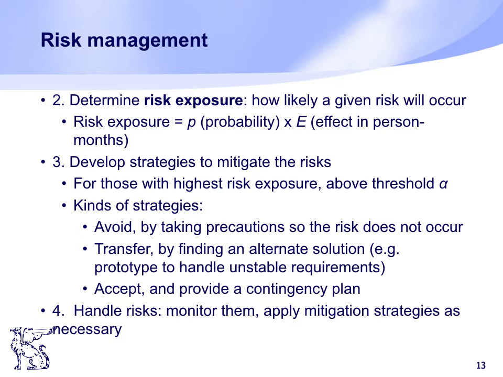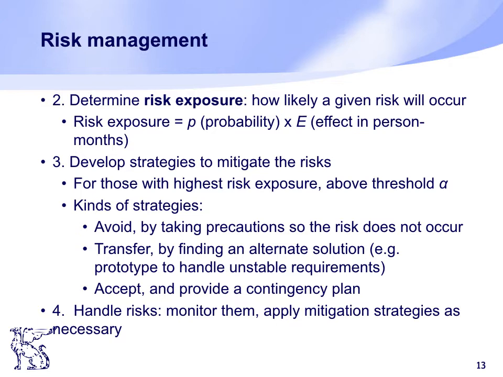For each risk, you have to determine the probability P that it will actually occur, and the effect E that it will have on the project. The probability multiplied by the effect is called risk exposure. For each risk, you have to identify the risk exposure. That's the second step.